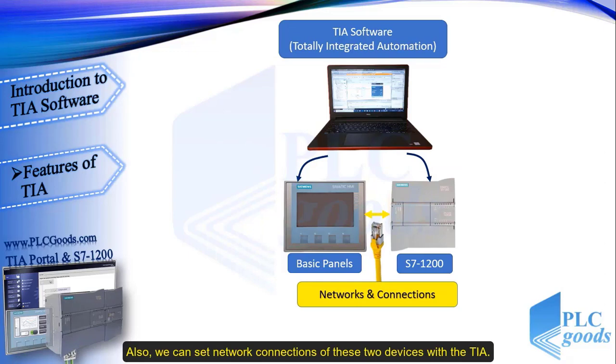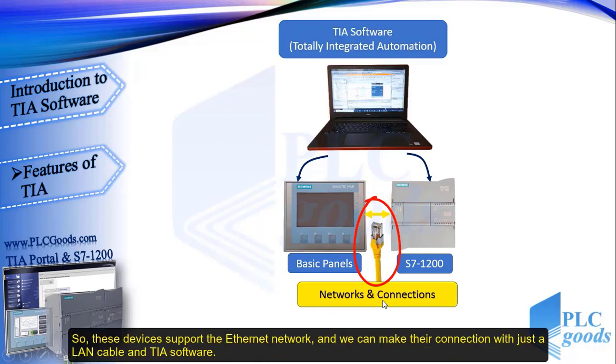Also, we can set network connections of these two devices with the TIA. Because these two devices support LAN cables like this one, they support the Ethernet network and we can make their connection with just a LAN cable and TIA software.